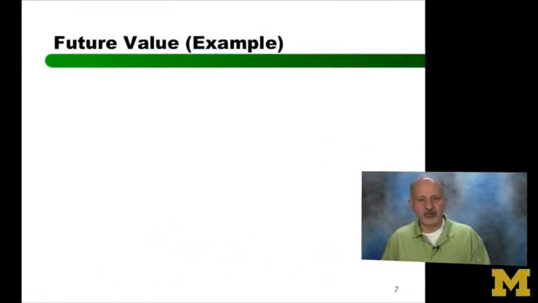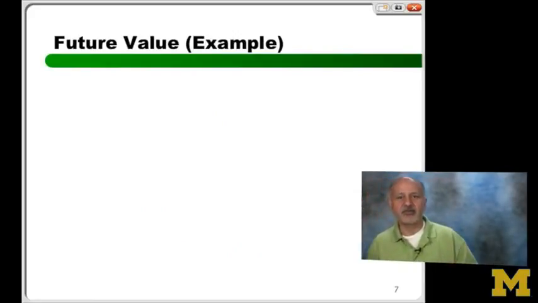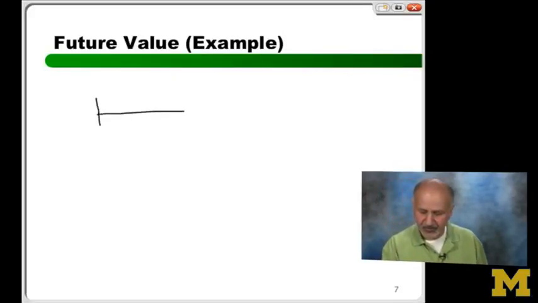The goal here is to use the simple example to motivate something fundamental that we'll build on. So this is a future value problem and an example. I'm going to try to work with you, so try to think through this.